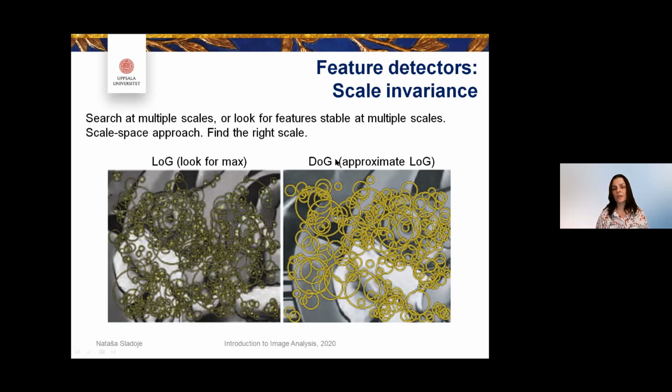And since difference of Gaussian is used as an approximation of Laplacian of Gaussian, it is also good to see that these two images generate quite similar responses by these two detectors.